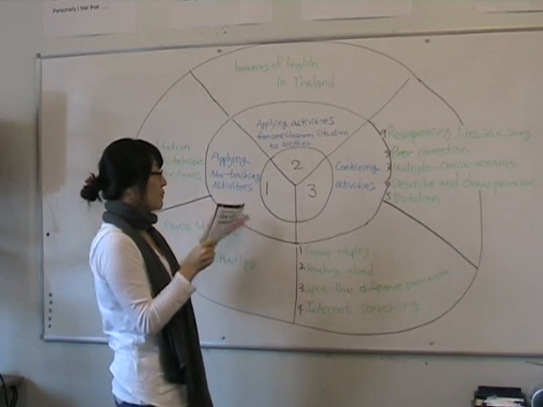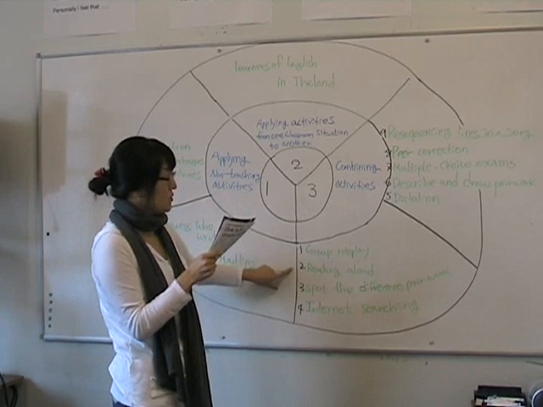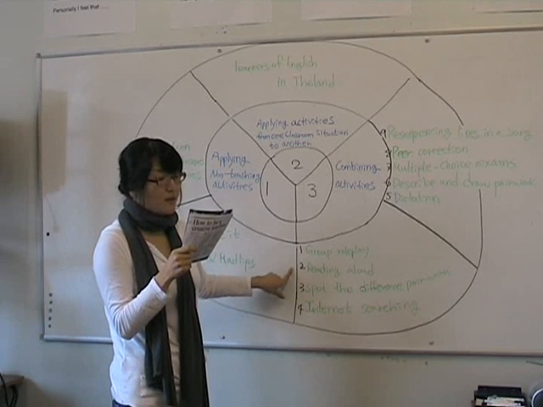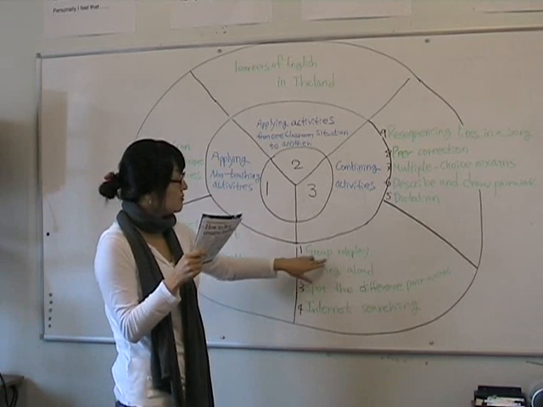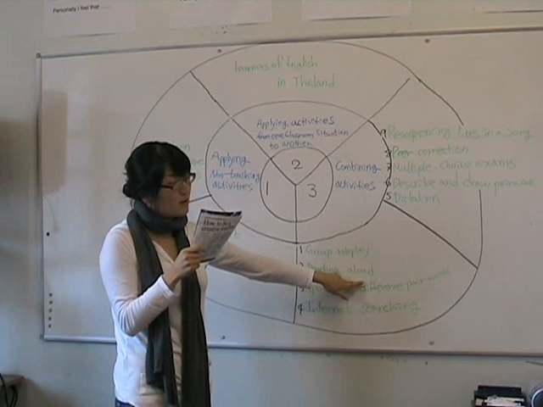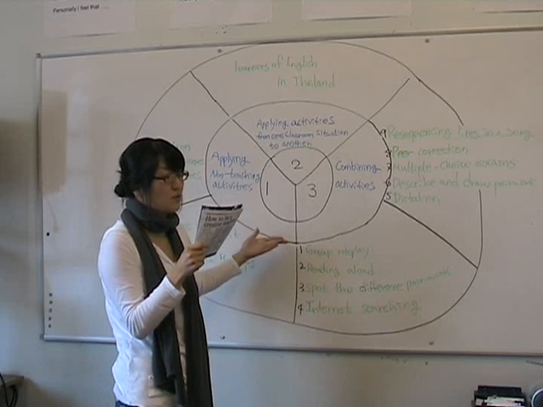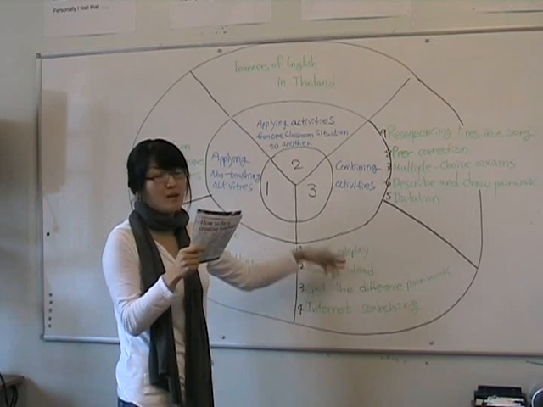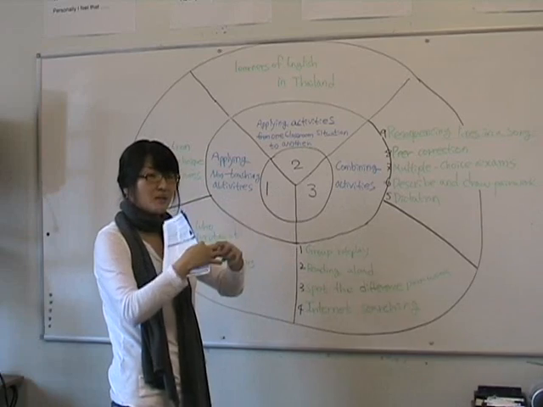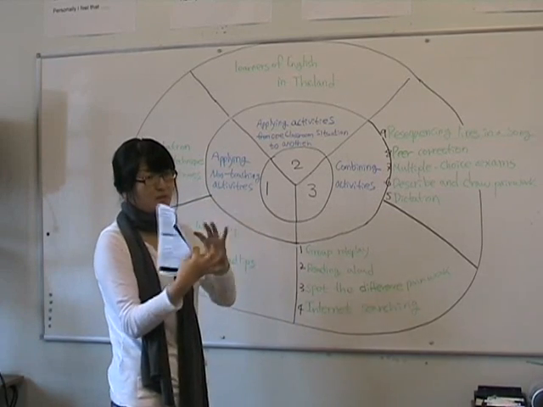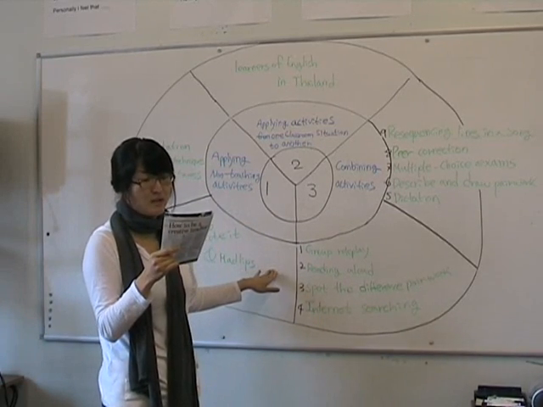For example, if you choose numbers 1 and 2, you might have some students reading aloud from a text while the others listen and try to role play what they hear. So you can mix many different activities, right?